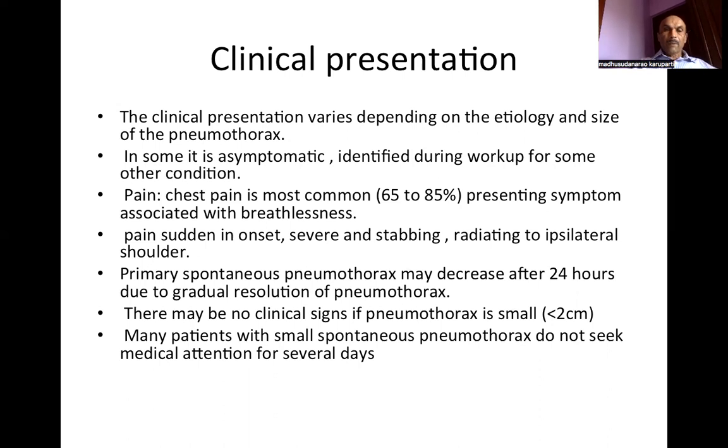Well, if it is a primary spontaneous pneumothorax, pain slowly decreases after 24 hours because of self-limited gradual resolution of the pneumothorax. It is primary spontaneous pneumothorax because, as I told you, it occurs in lung without pathology.